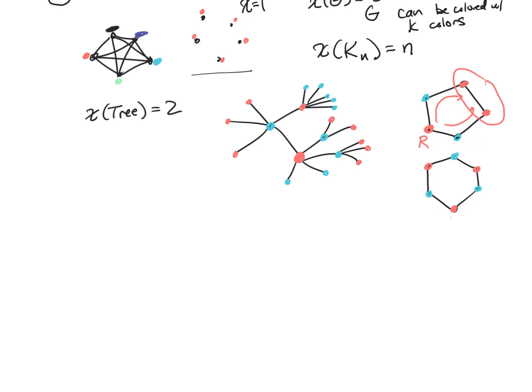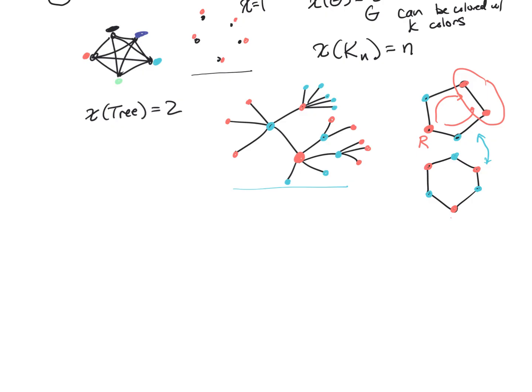Okay, so it's not just being a cycle. There's a difference between being an odd length cycle and being an even length cycle. In the tree case, there's nothing to worry about because there's no cycles. Okay, so you just pick a vertex and go.